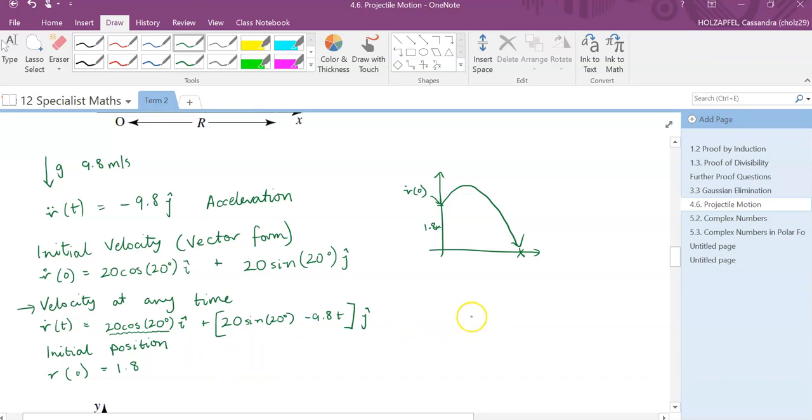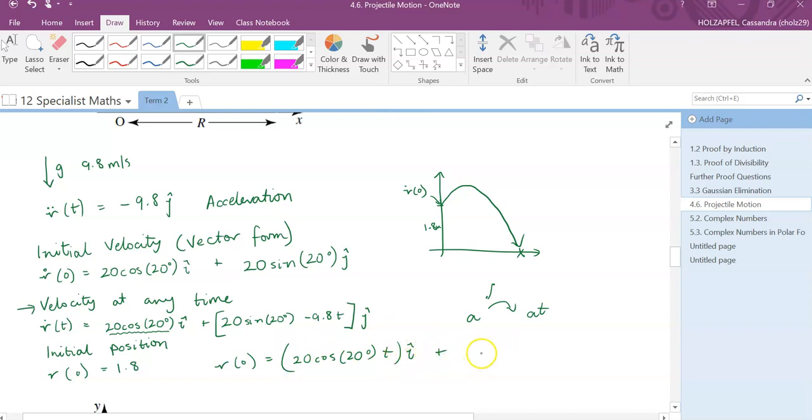Now, if we are integrating a constant, remember it's just going to turn into a constant times t, because I'm integrating with respect to the variable t. So this is now going to become r naught is equal to 20 cos of 20 degrees times t. And that's going to be for my x component.